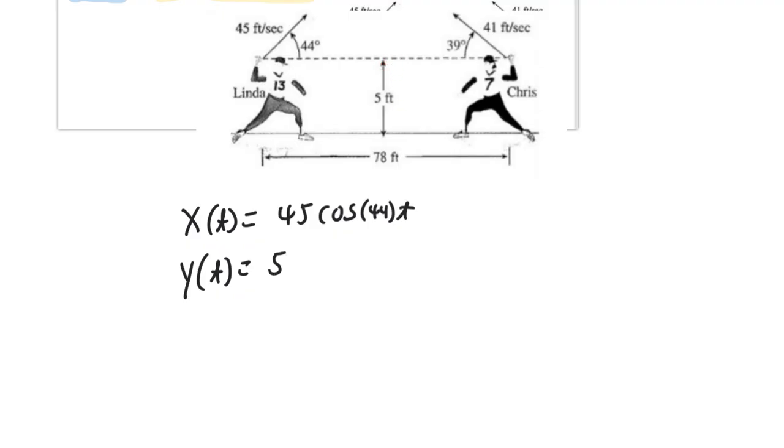So we start there, and then we add on top of that 45 sine 44 degrees times t. And then we have to subtract gravity from that situation.